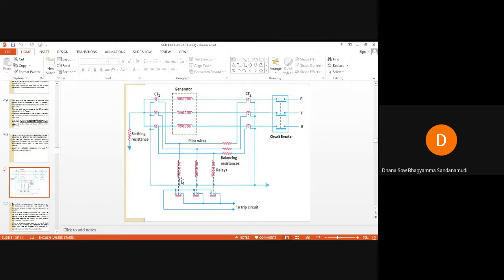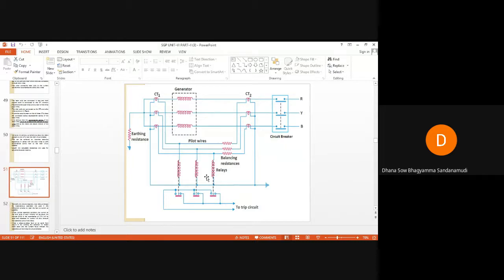Even though differential current is flowing through this relay coil, if it doesn't reach the preset value, the relay will not operate. That is, for very low abnormal conditions which won't cause damage to the equipment, the relay will not operate.